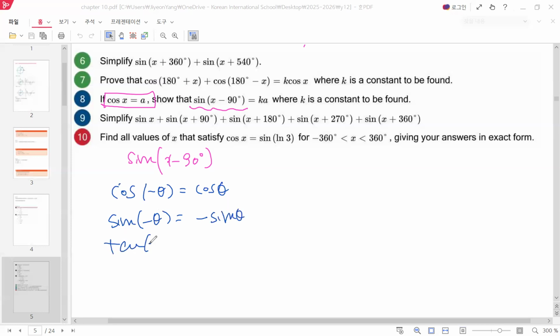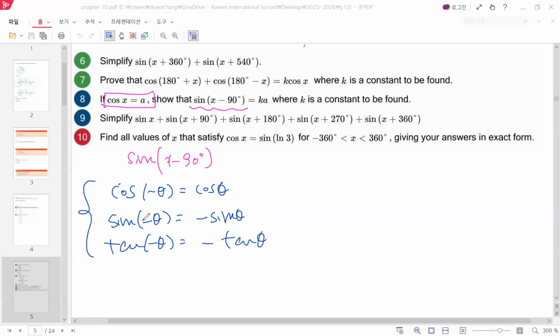Tangent of negative theta is equal to negative tangent theta. Do you understand? Please remember this one. You can simply remember, cosine negative theta is cosine theta. Sine is sine, cosine is cosine, tangent is tangent. And then this is negative theta.